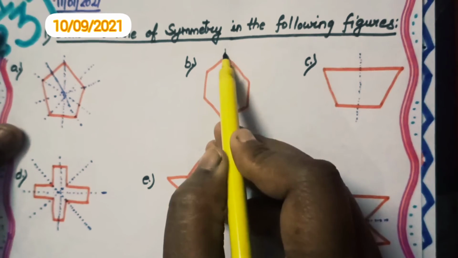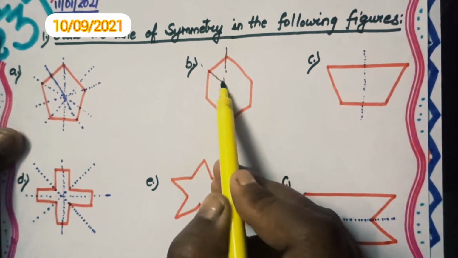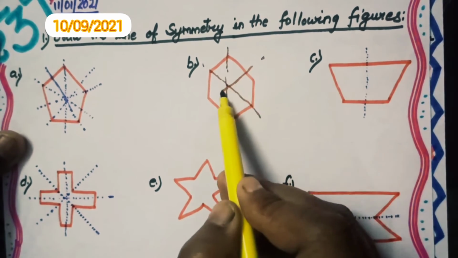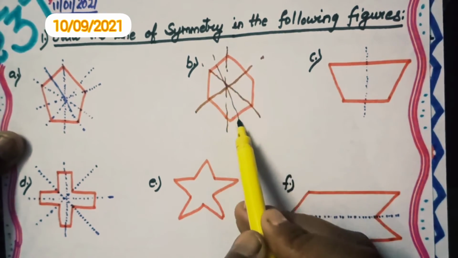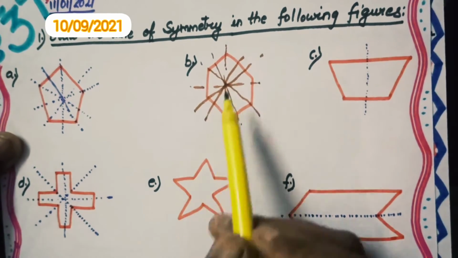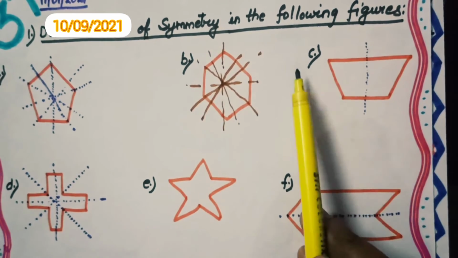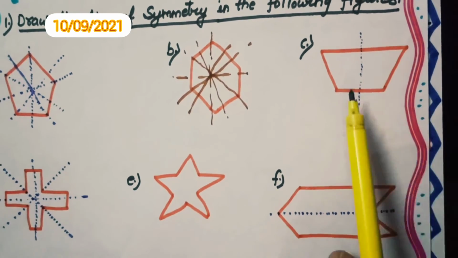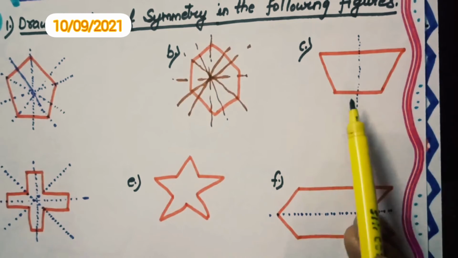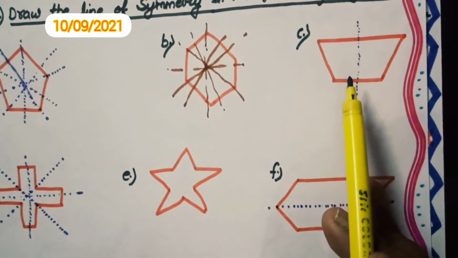And for this figure the total lines of symmetry will be 6. Okay, this is how we have to do. Then this, then this, then this and this. So the total lines of symmetry are 6 for this figure. Now C part, only one, because only one time we can fold or cut this image into equal parts.